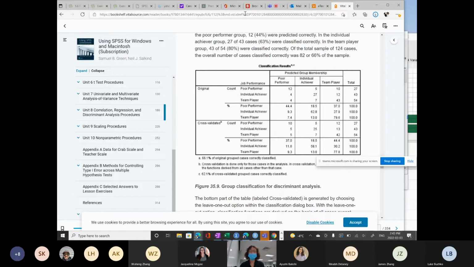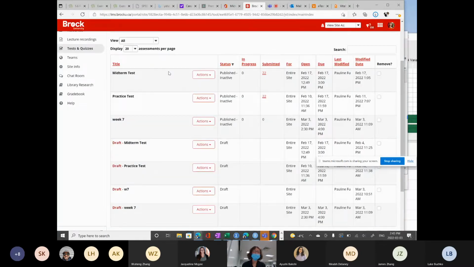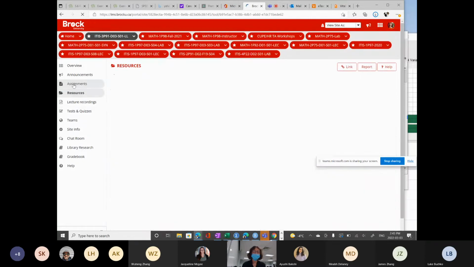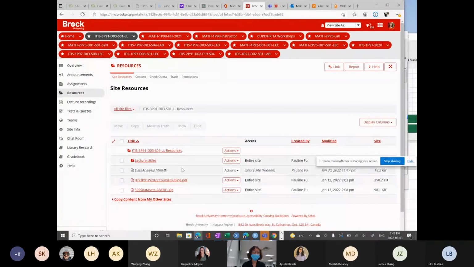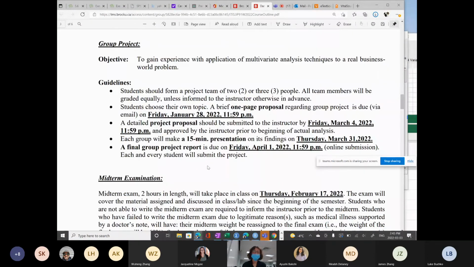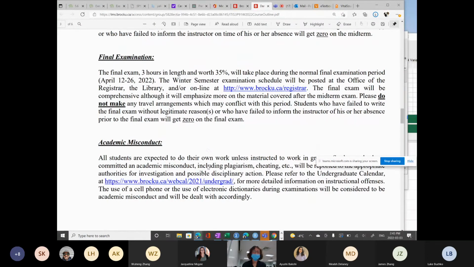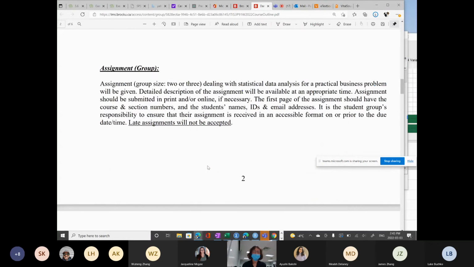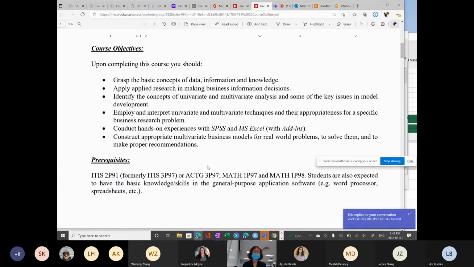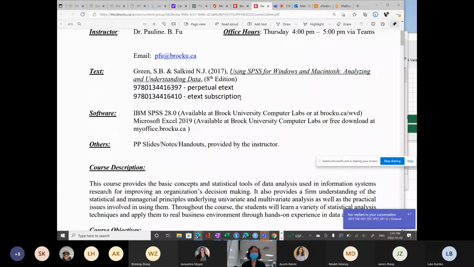For the specific information about the textbook, you go to Sakai, resources, course outline. This is the textbook information.